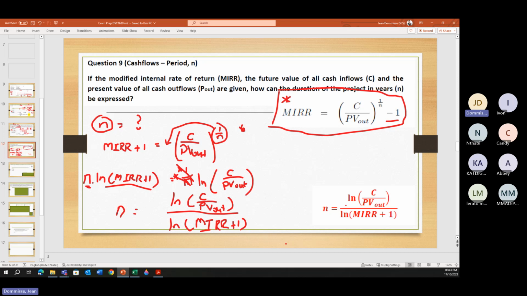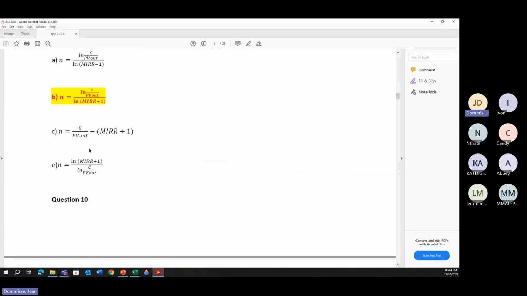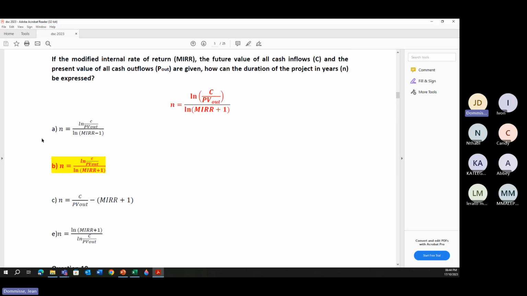What you would get in the exam, and I will quickly show you, is a group of answers. How I would look at this every time is, in the process of working it out, there are certain things that we can already cancel out.